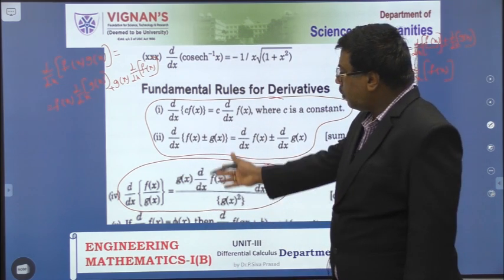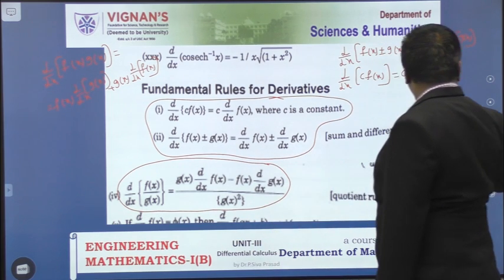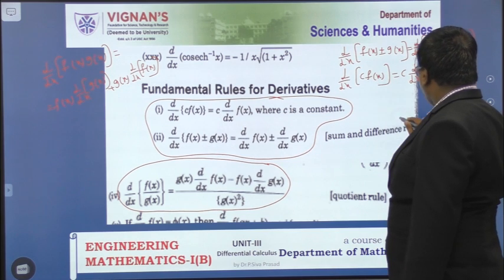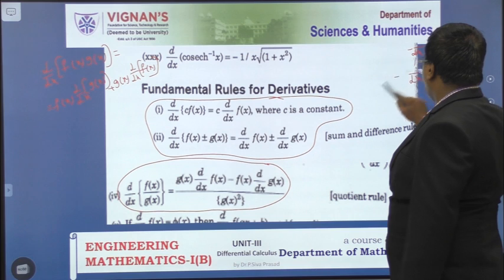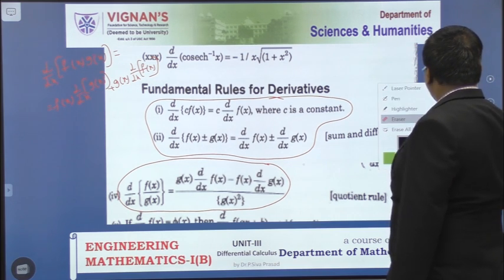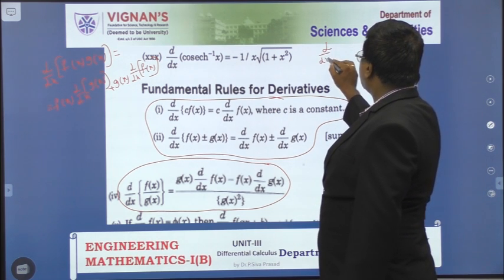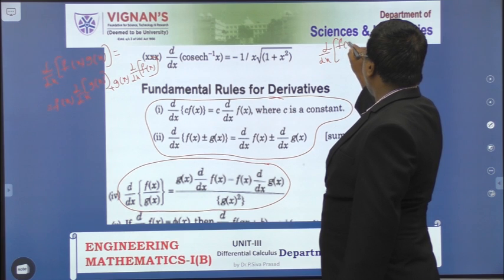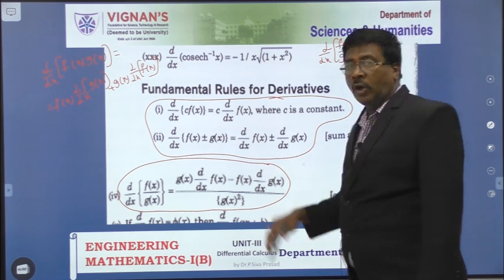Now this is called the quotient rule. The next one is d by dx of f of x by g of x, that is equal to, start from the denominator.